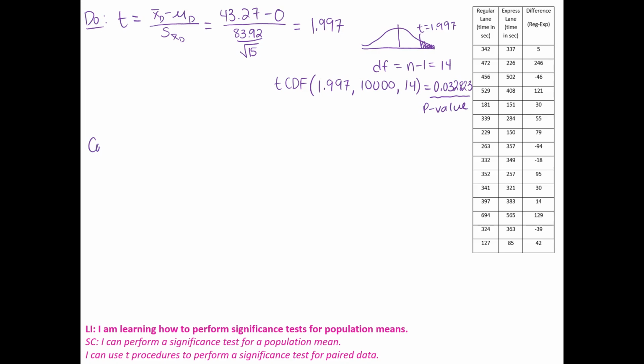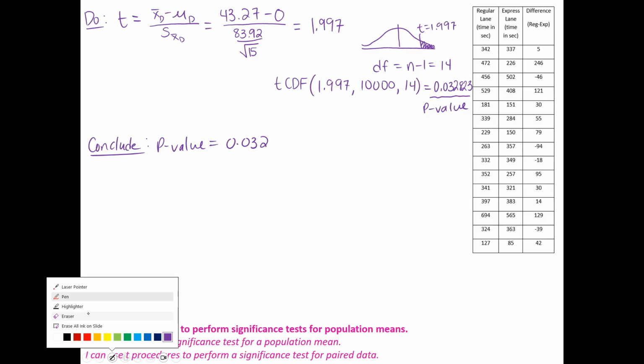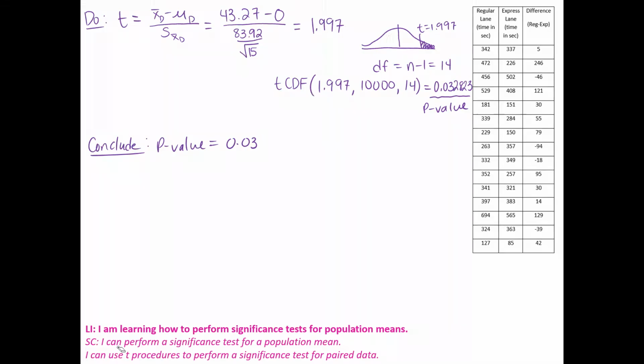And we are there, people. Here we go with the conclude. So I have the p-value equals 0.032, I'm just going to say 0.033, round it off a little bit, just to make this a little bit easier. Cool. And then here's the box I'm going to fill in a minute.